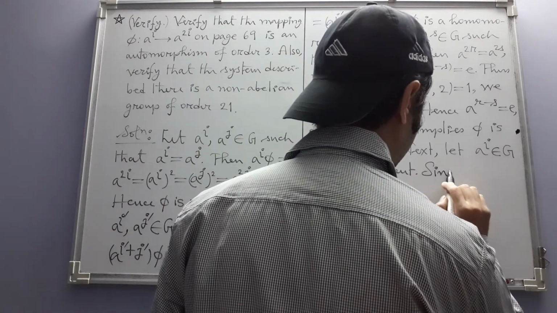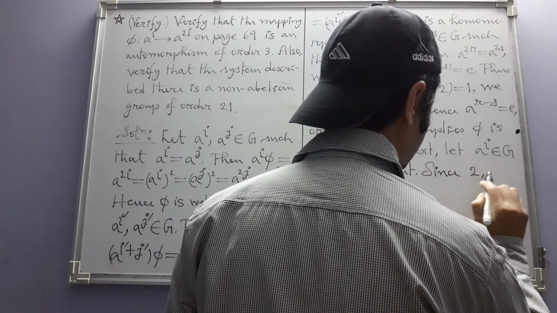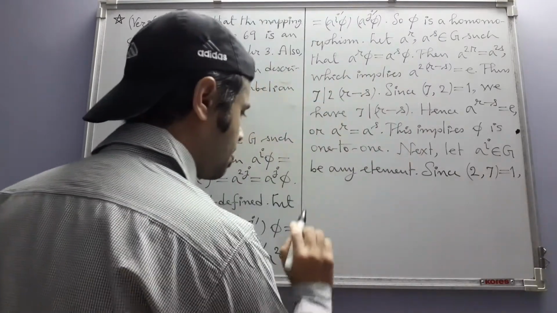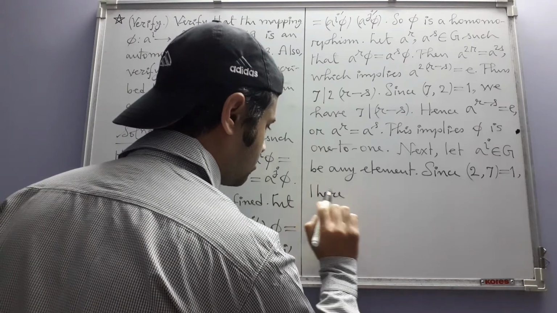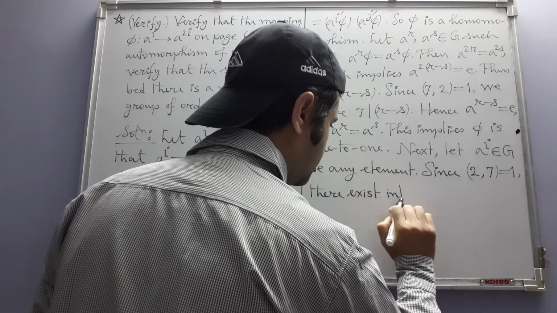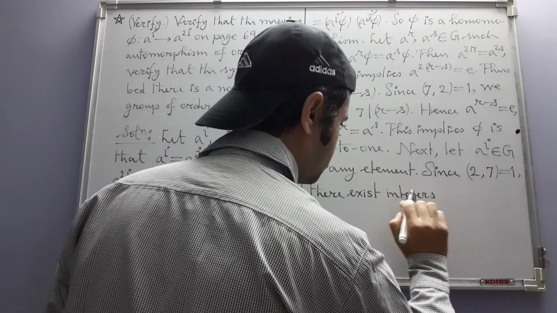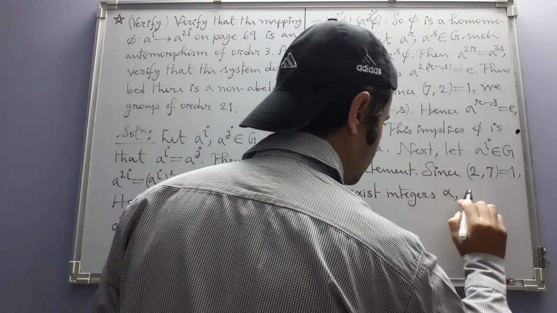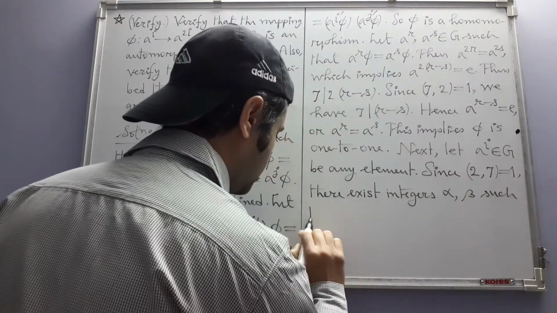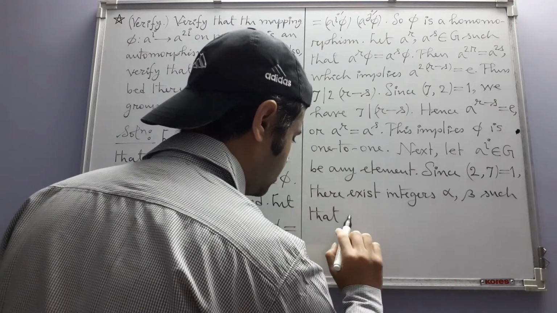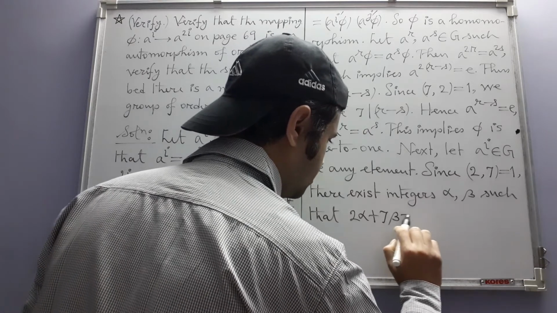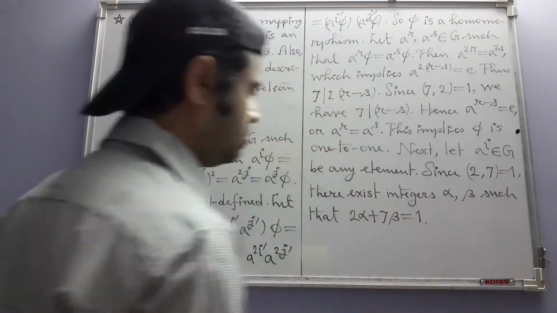Since 2 and 7 are relatively prime, there exist integers alpha and beta such that 2 alpha plus 7 beta is equal to 1.